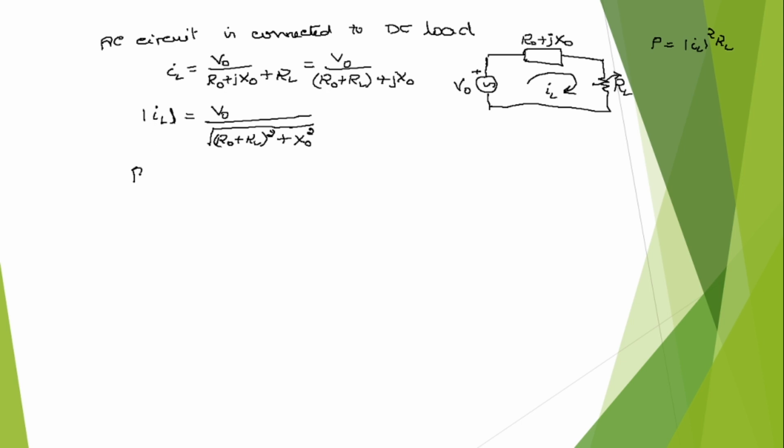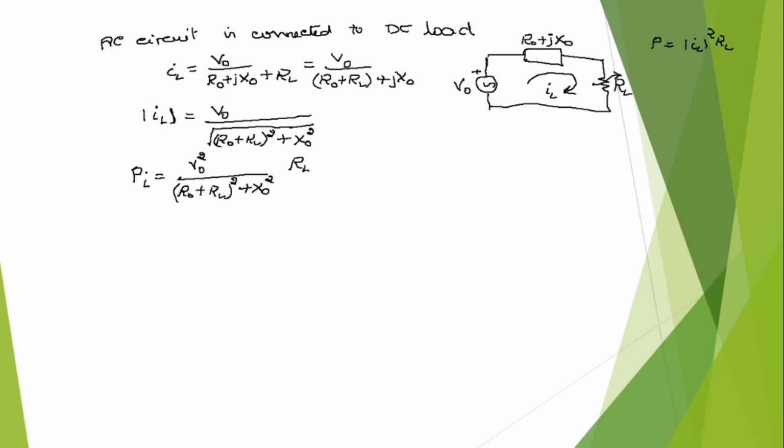Now what happens to the PL? V naught square divided by the square of the square root term. So it is R naught plus RL whole square plus X naught square, correct? Into RL.